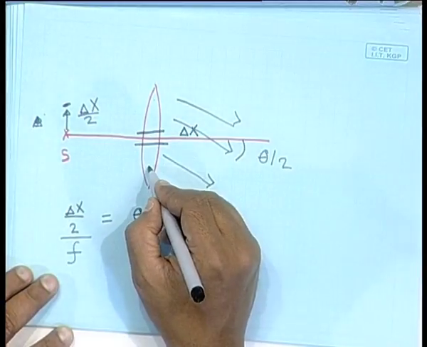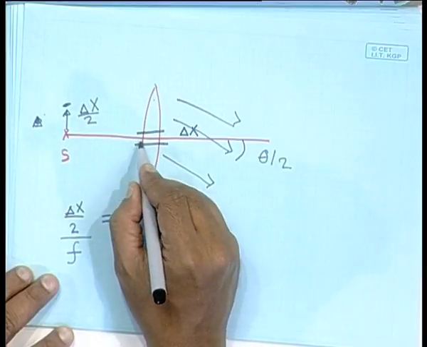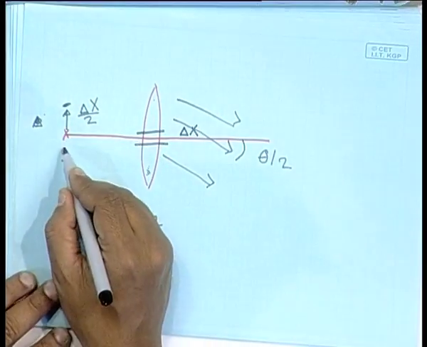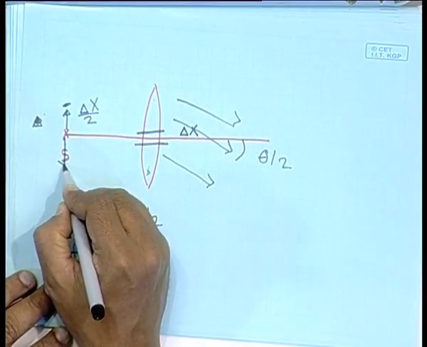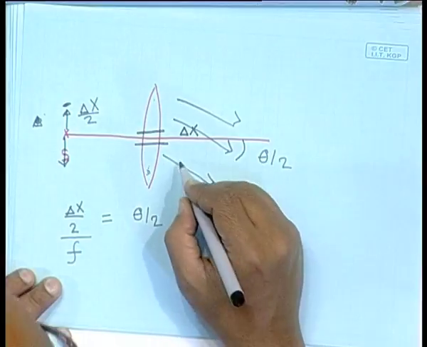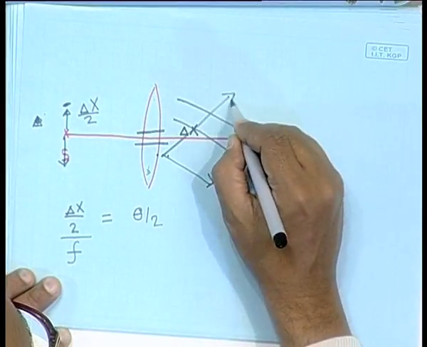Similarly, for the lower part of the lens, I cut out this portion and move the lower part up. This is equivalent to shifting the source down by exactly the same amount. So, the lower part of the lens is going to produce a wave travelling in this direction.